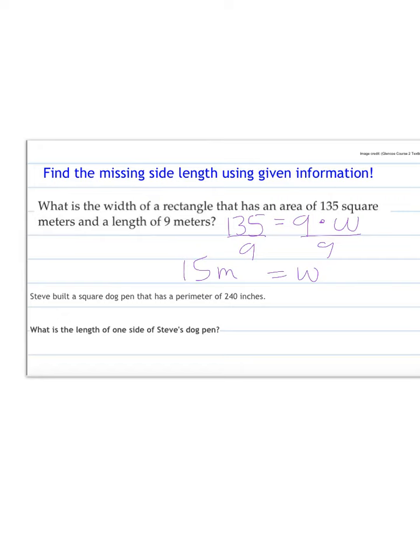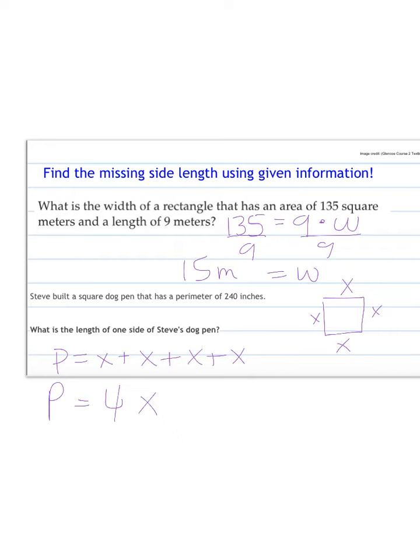Steve built a square dog pen that has a perimeter of 240 inches. What is the length of one side of Steve's dog pen? If we're thinking about a square, all of the sides are the same, so the length and the width are all equal to each other. The perimeter tells us that we take length plus width plus length plus width, so the perimeter on a square is going to be 4x, because all the sides are the same.